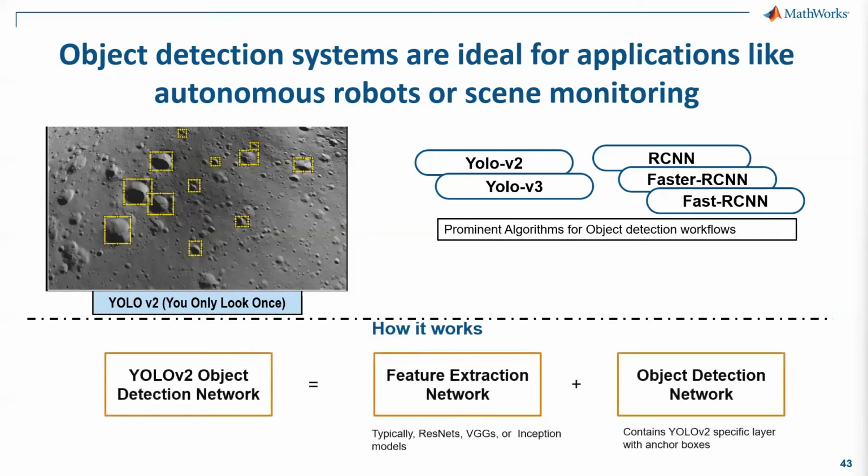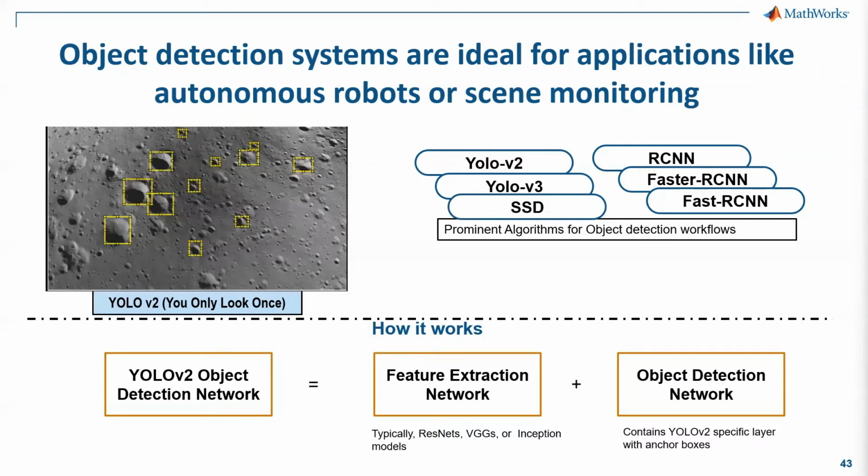So how does it work? A YOLO object detection network mainly contains a feature extraction network and an object detection network. For the feature extraction network, typically a ResNet, a VGG, or Inception model, you choose a layer as a feature extractor and truncate the rest of the network.